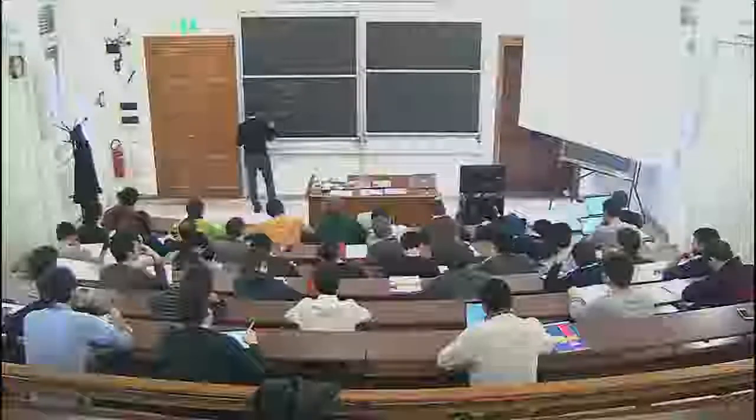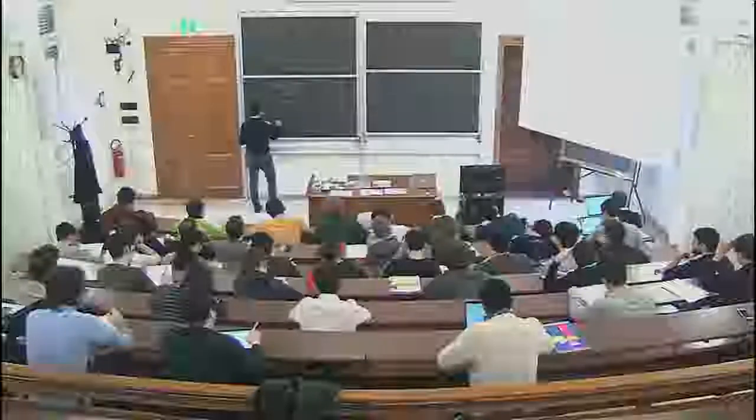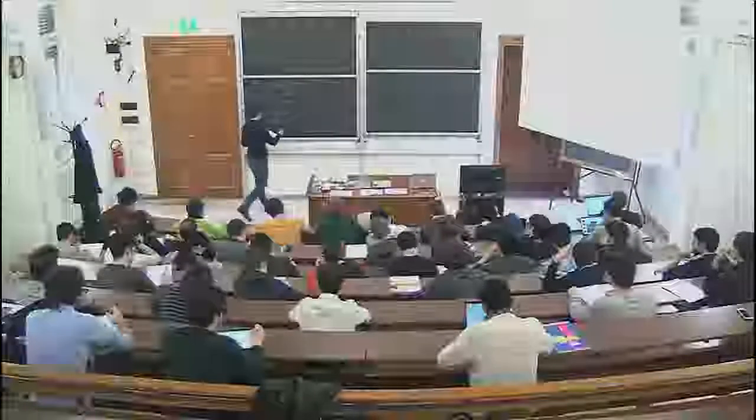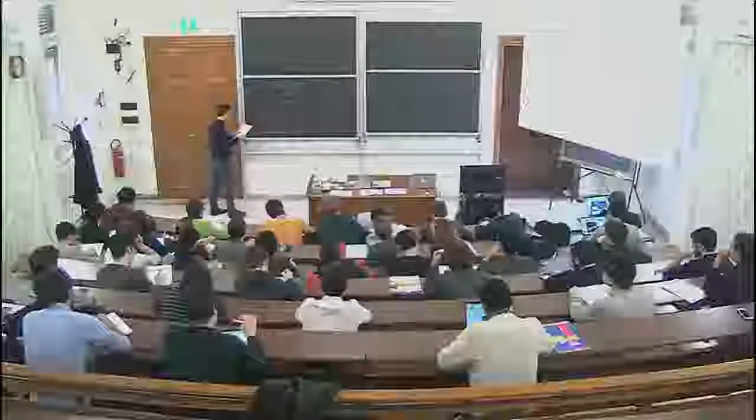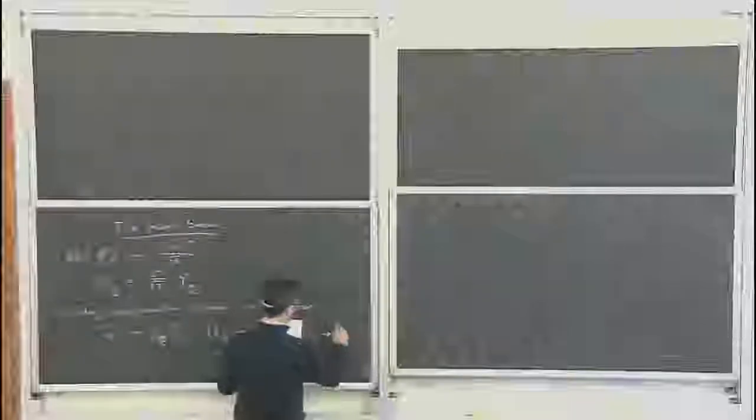In the following, we can transform all the fields. The left-handed quark doublets are rotated with the unitary matrix VQ, the right-handed up-type quarks with the unitary matrix VU, and the down-type right-handed fields with the unitary matrix VD.